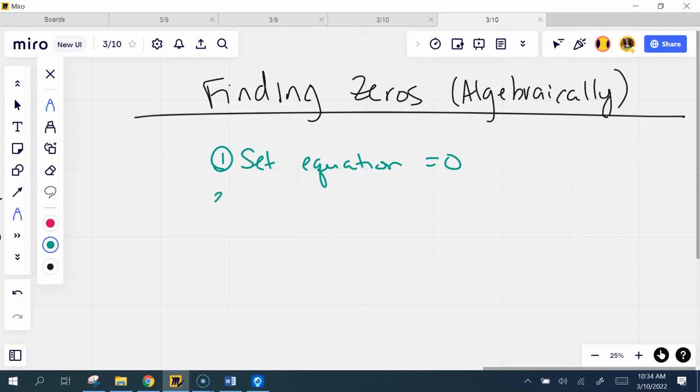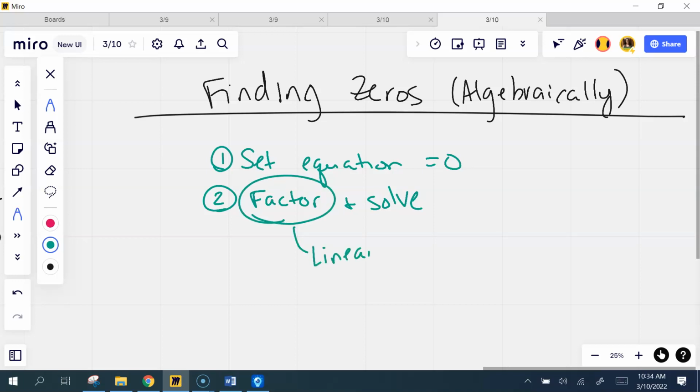And then we factor and solve. And it tells us where it crosses the x-axis. By the way, we factor it into what we call linear factors. That just means we factor it down where there's no exponents on the x. You'll see that it's completely factored.